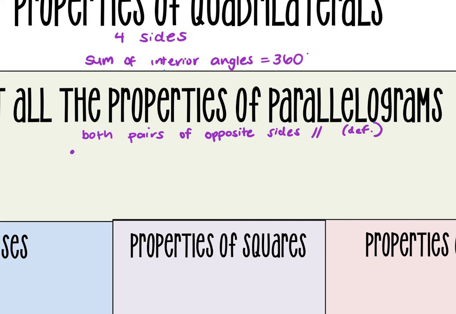Then we got into our theorems that said the properties of them. So give me a property of a parallelogram. There were 5 things we know about every single parallelogram. That's the first one. Opposite sides are congruent. Give me one more. Opposite angles are congruent. And this is called the parallelogram opposite angles theorem.